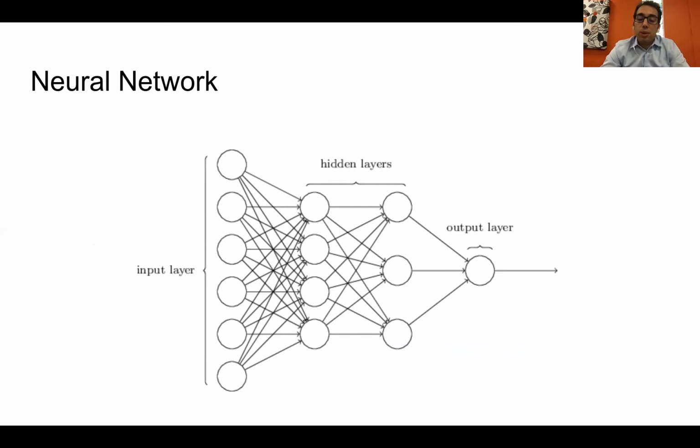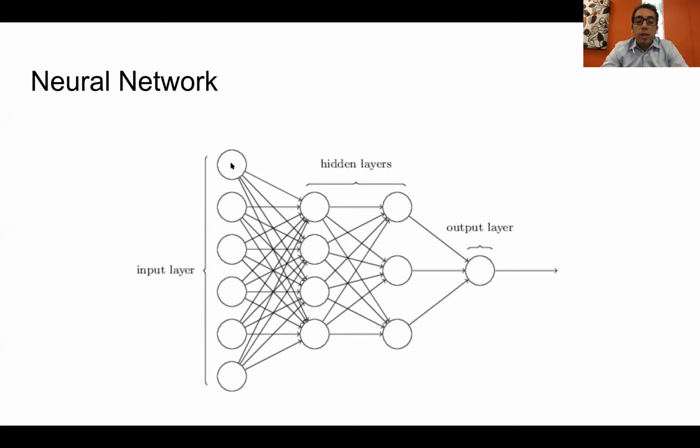So a neural network, a lot of us already know. It's composed of neurons, which are elements that do some basic calculation, and they have some inputs and some function inside, and then they produce output that can be fed into other neurons.